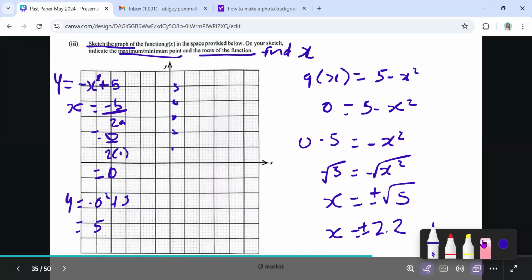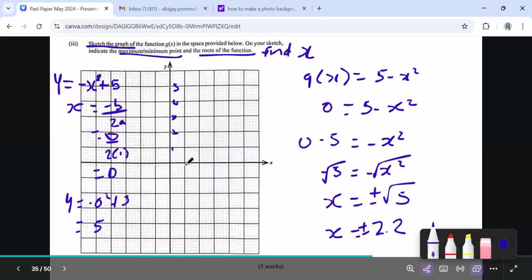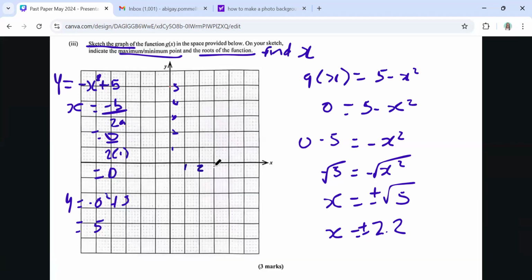Change the color. 5 would be right there. And then we get back our color. This would be 1, 2, 3. This is -1, -2. We know that the other part is 3.